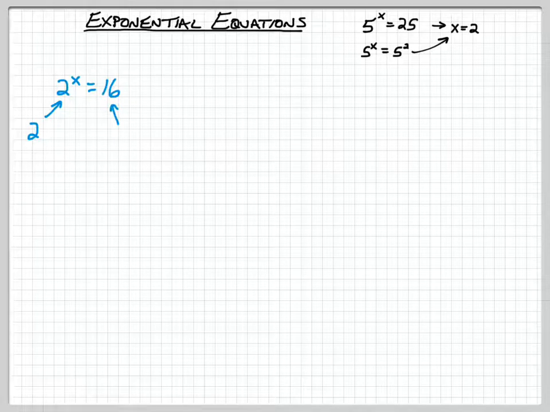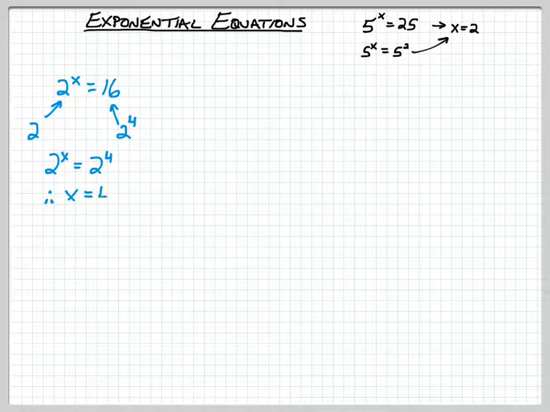So we have to think, 16 is 2 to what power? Well, 2 to the 4th power gets us 16. So 2 to the x equals 2 to the 4th power, therefore x has to equal 4. Right? That's almost identical to the first example that we did.